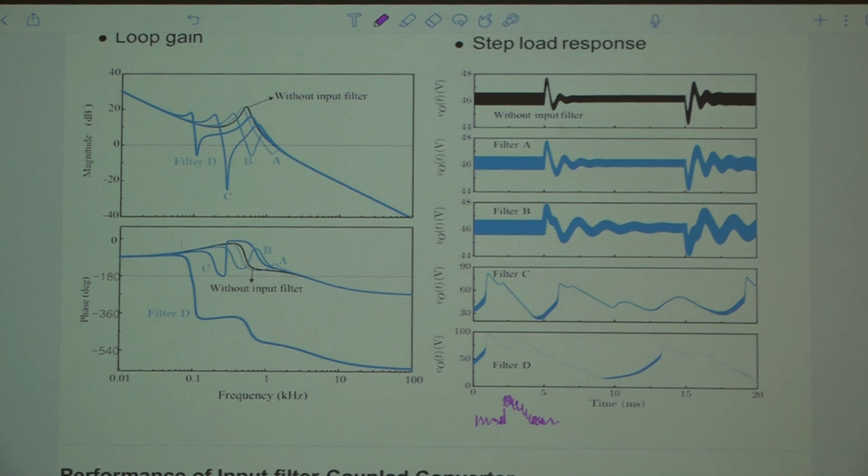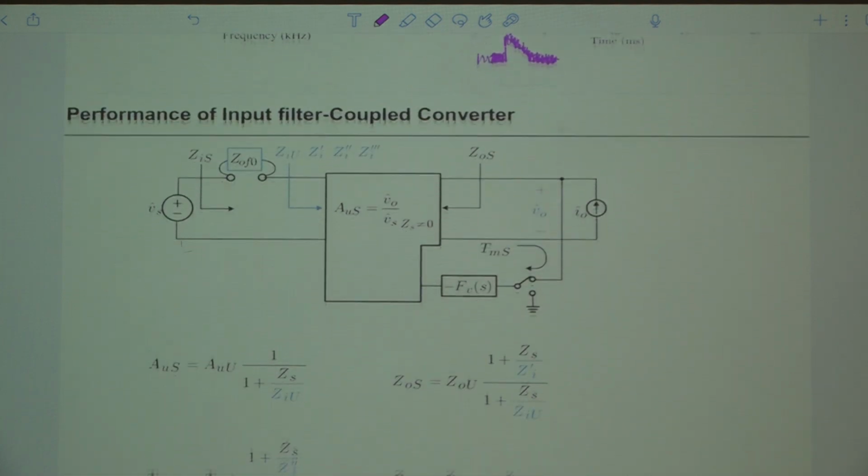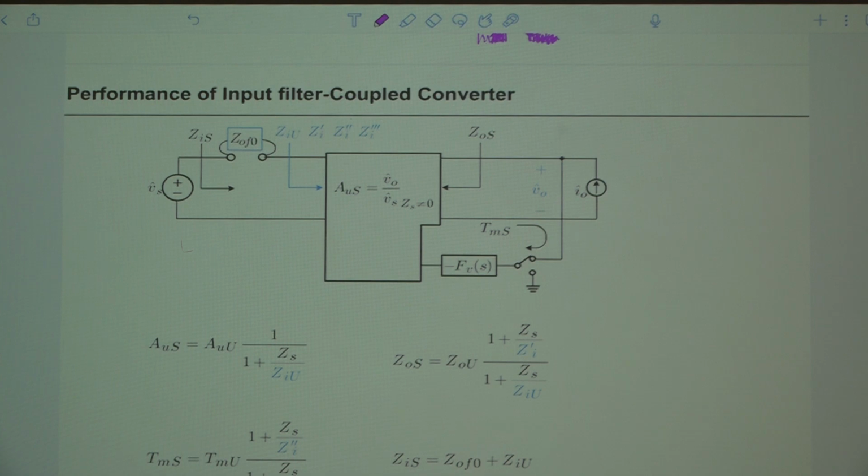Maybe you learned these things in the previous semester when we were discussing current mode control. I addressed the implication of different things to predict the stability and relative stability of the same system. So we know the stability of this system.